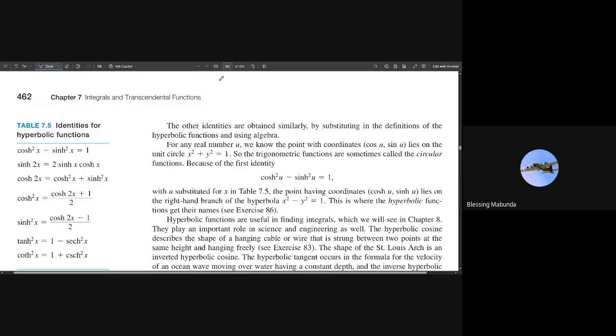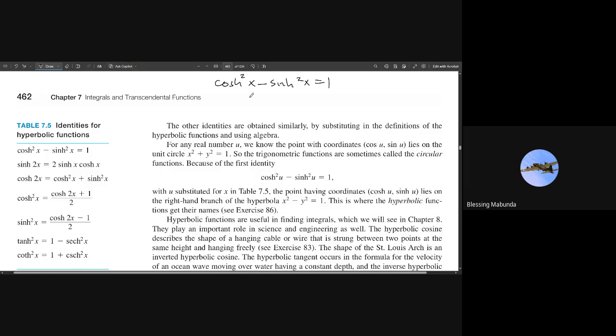If you know that cosh squared x minus sinh squared x is equal to 1, you can get to most, if not all, of these identities. So let's say you need an identity for tanh.